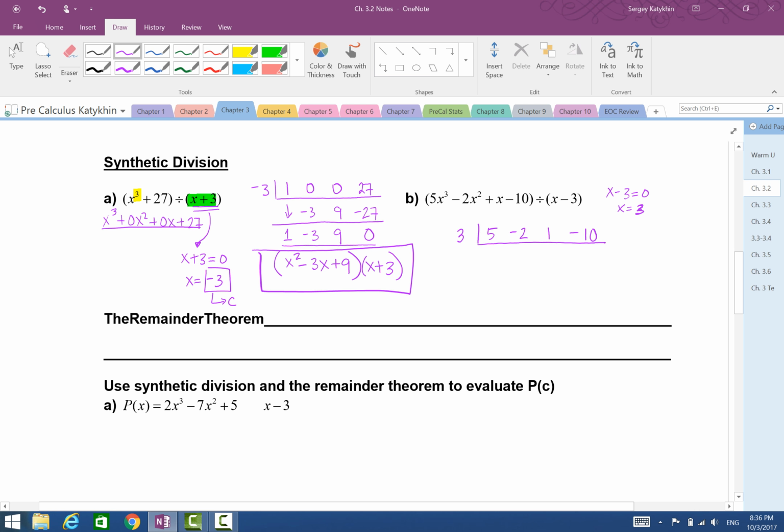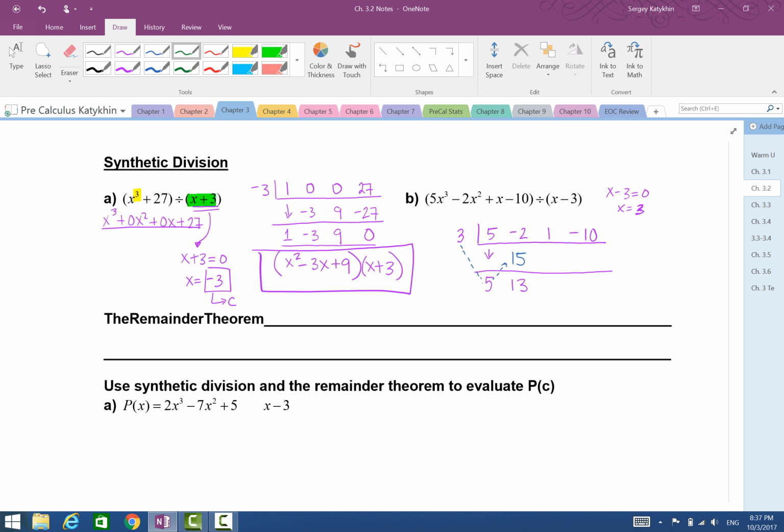Now again, take the first term, bring it down, and you get 5. I'm going to use a different color to show you what's happening here. I'm going to take 3, multiply it, and write the number here. So 3 times 5 is 15. Now add those numbers together. So it will be -2 plus 15, which is 13.